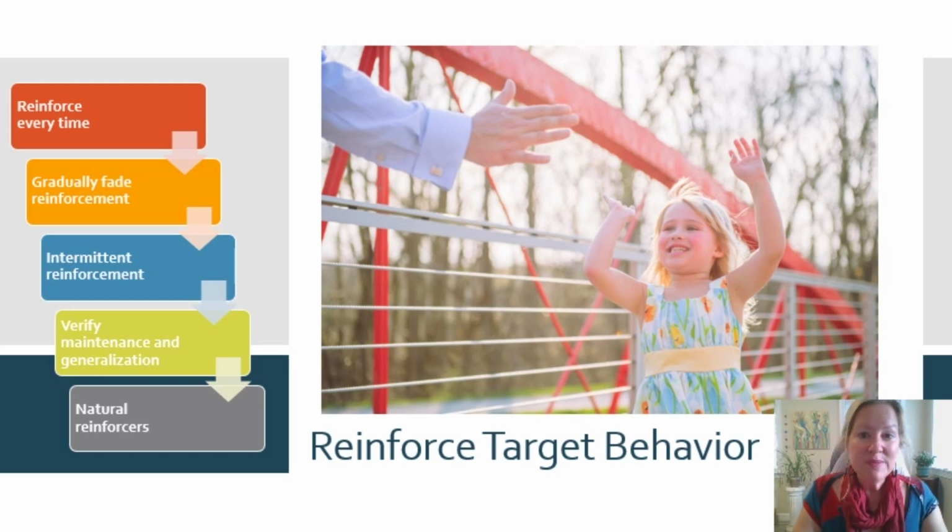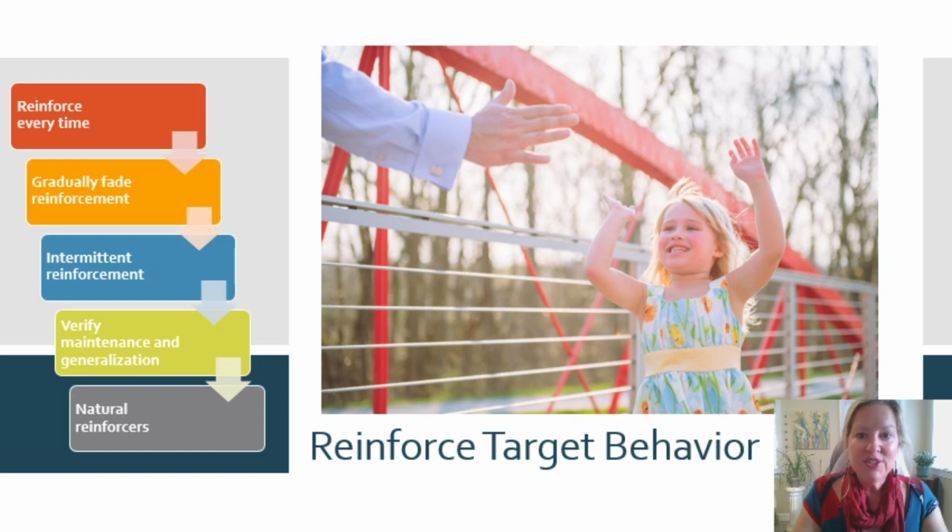That is, reinforcement that is offered naturally in the environment and is not planned. For instance, a reinforcer that occurs naturally when you greet someone is that you're greeted again by that person in return. A reinforcer that occurs naturally after hand washing would be having clean hands.